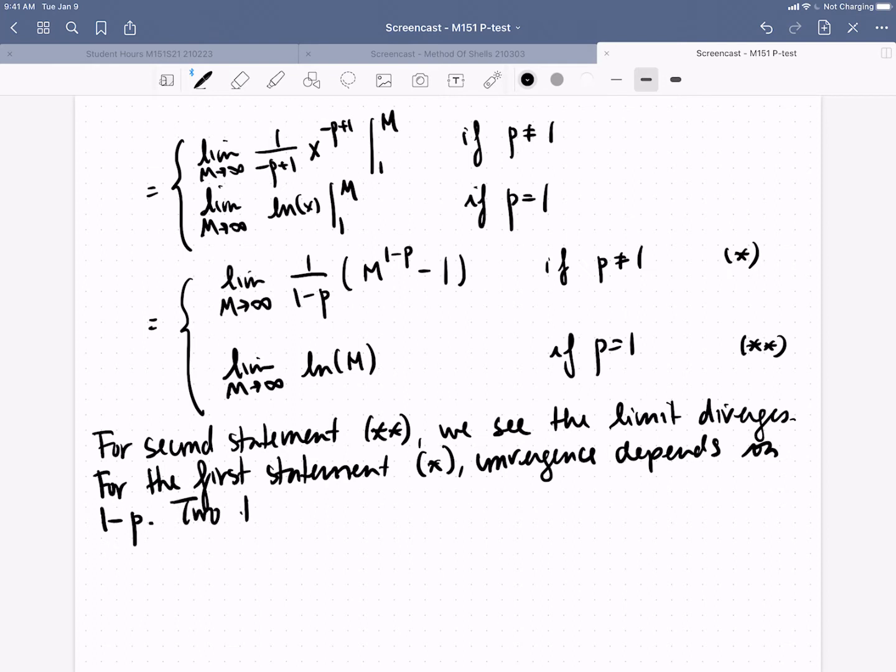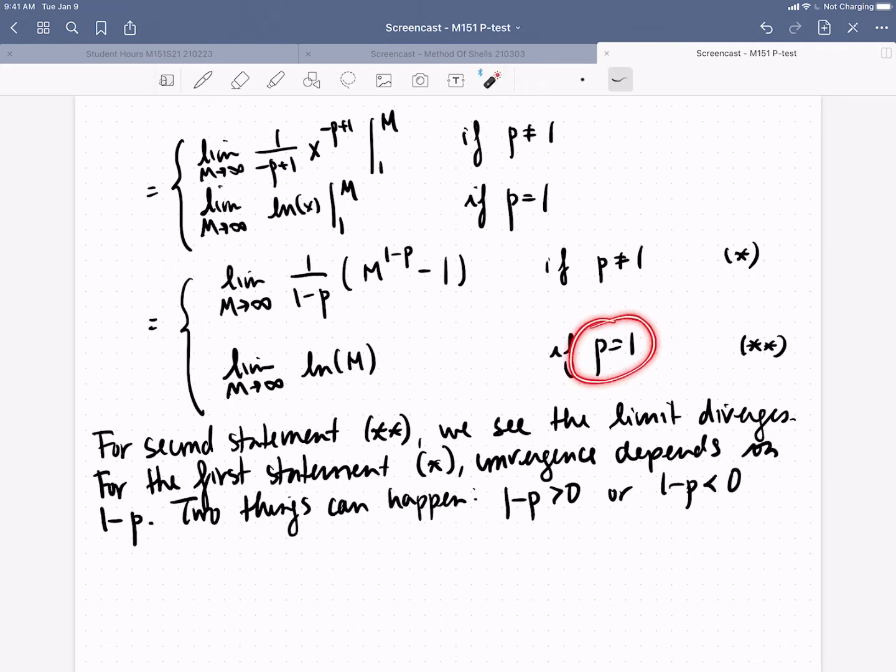Two things can happen. 1 minus p could be positive, or 1 minus p could be negative. 1 minus p can't be equal to 0, because that's this case. If 1 minus p equals 0, then p equals 1, and we've already covered that. So in the case where p is not equal to 1, only two things can happen. 1 minus p is positive, or 1 minus p is negative.